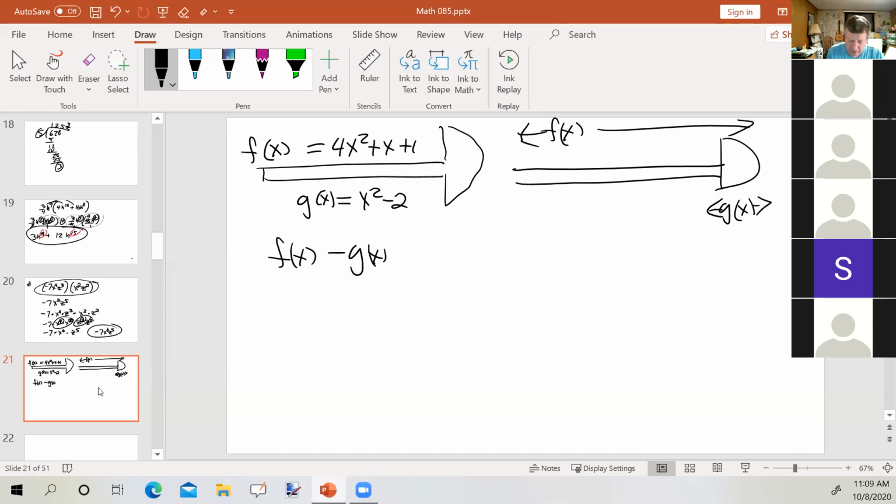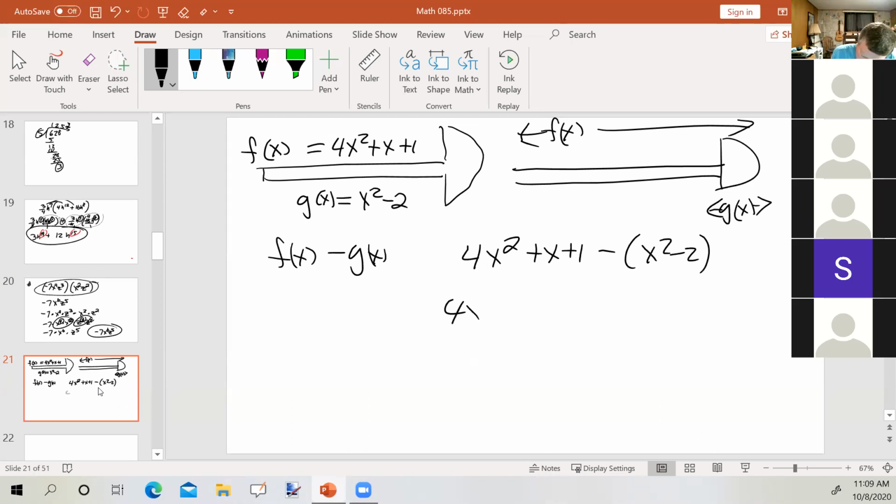Yeah. Okay. So we've got 4x squared plus x plus 1 minus the quantity x squared minus 2. And you've got to use the quantity because you're subtracting all of g of x. Okay.